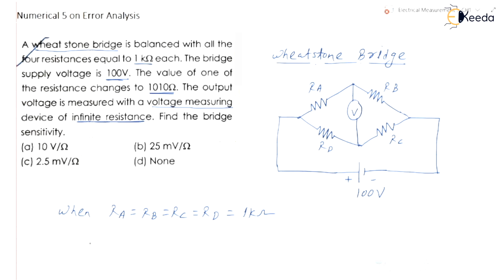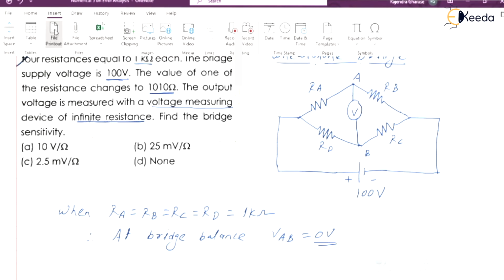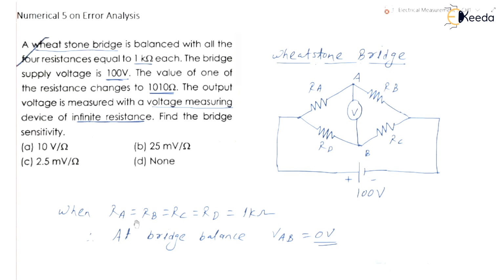Okay, so we can write it as terminal A, here it is a terminal B. So we can write VAB at bridge balance is equal to 0 volt. Okay, now if one of the resistors is changed from 1k to 1010 ohm, let us draw that case.